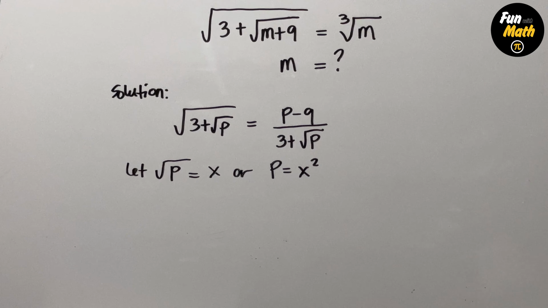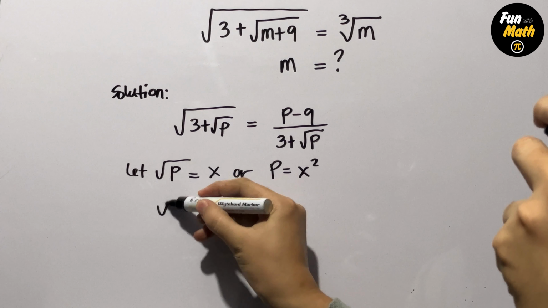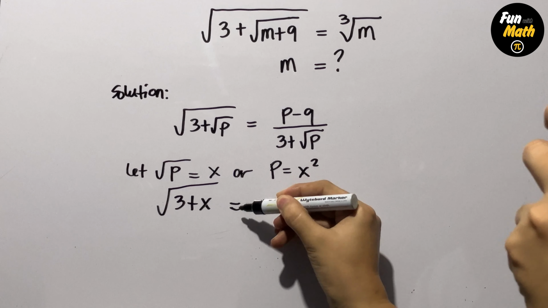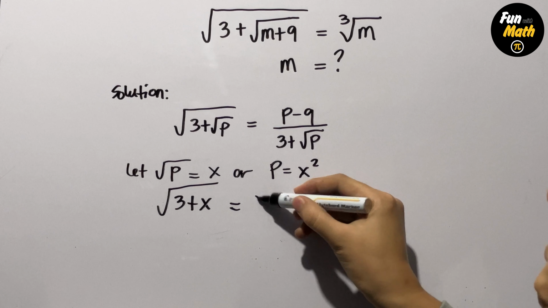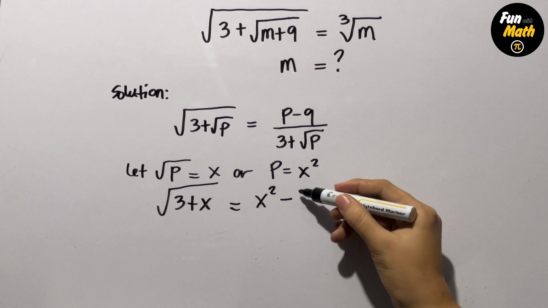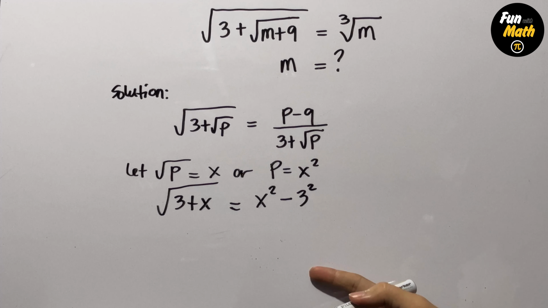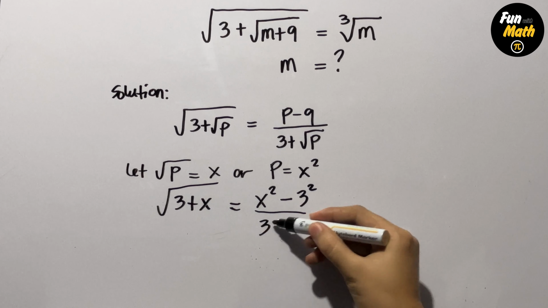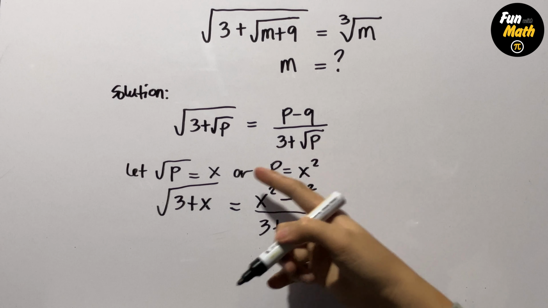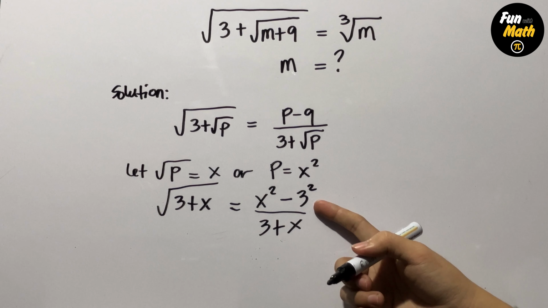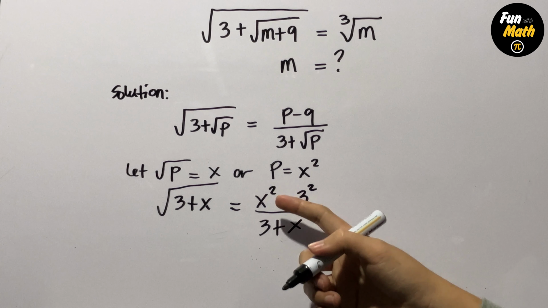Now to continue, we can write this as square root of 3 plus x equals, for p, we have x squared minus, for 9, we can write it as 3 squared, so that they have the same power, which is 2, over 3 plus square root of p, that is x. Now, for the numerator, we have x squared minus 3 squared.